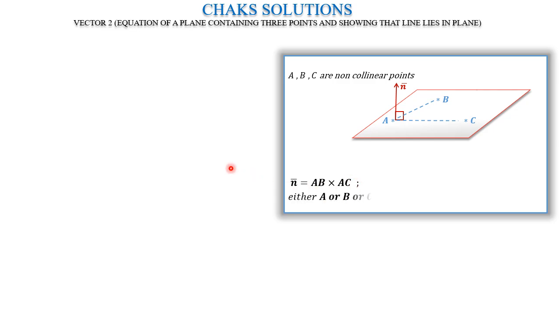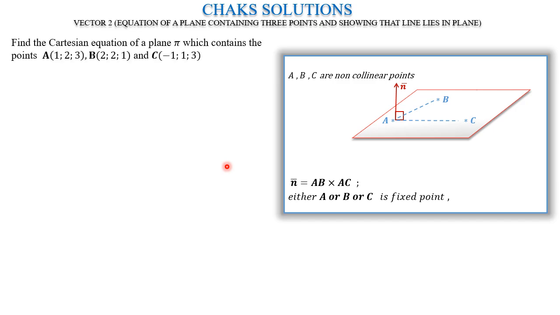Alright, so now let's look into the question that we have here. They are saying find the equation of the plane which contains points A, B, and C. The first thing here, we can find the vector AB.